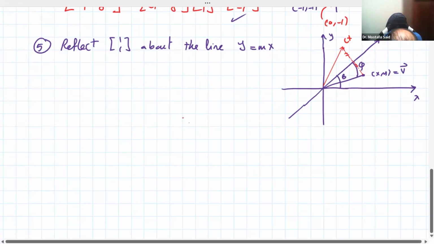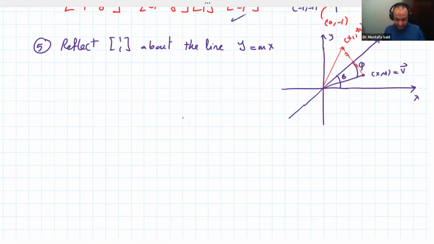This x1, y1, for example, is our reflection, and we want to find x1, y1. We want to find the matrix that's going to give us x1, y1. So there's a scheme, an algorithm, a method to do that. We're going to do it in 3 steps or 2 steps. We're going to find out right now. So bear with me, and let's see how we will do that.